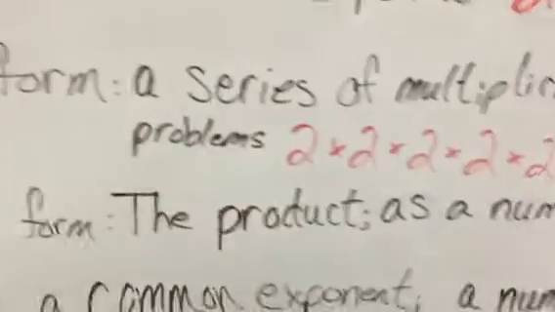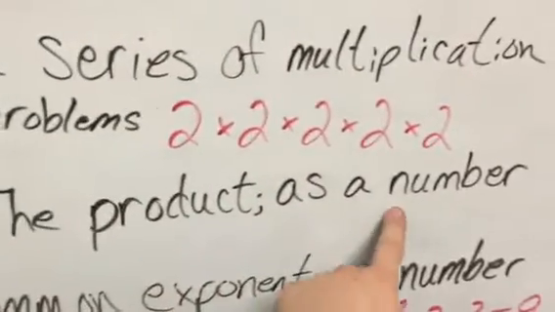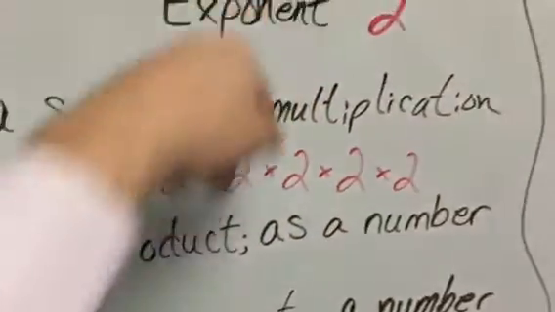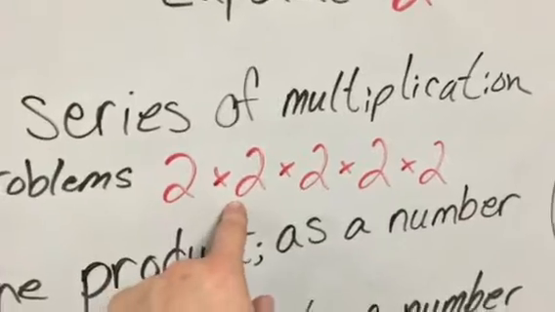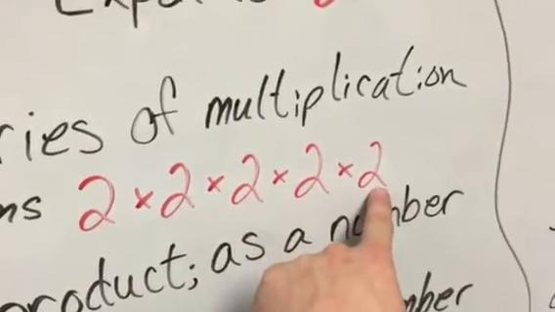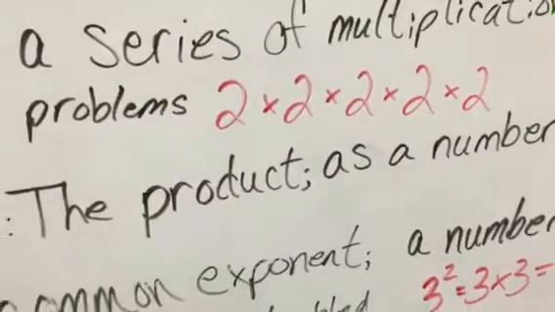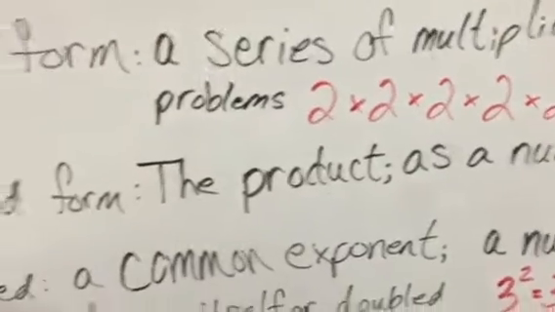That's expanded form. Standard form, that's just the product. So it's a number. It would be whatever 2 to the 5th is. So 2 times 2 is 4, times 2 is 8, times 2 is 16, times 2 is 32. So 2 to the 5th in standard form is just going to be 32.